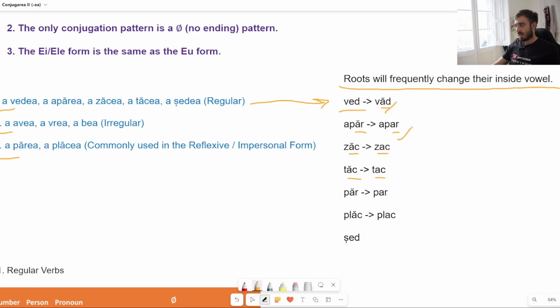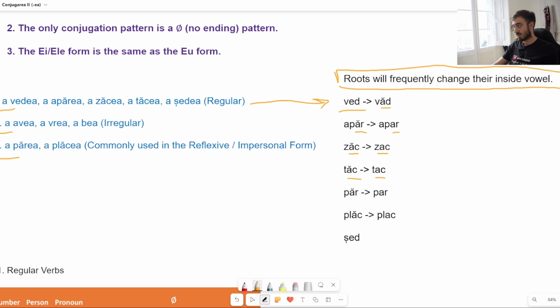And those are actually all the eu forms. Those on the right, or ședea for a ședea. So the root is, as it used to be with the first conjugation, also the eu form and also the ei form, but there will be phonetic changes to be aware of.